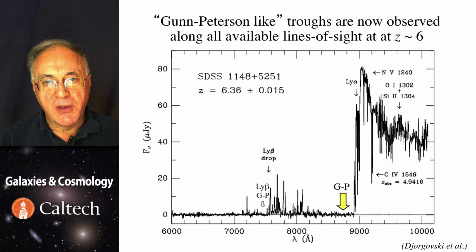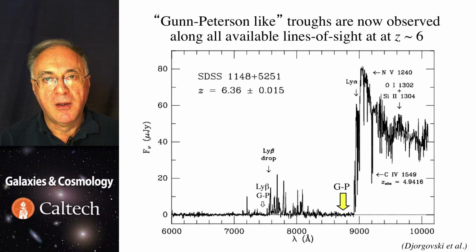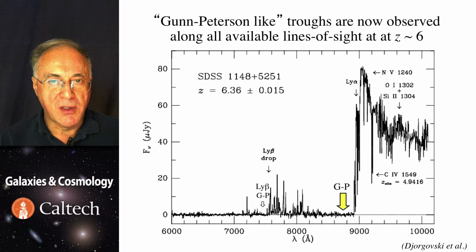The first examples of this were seen circa 2000, 2001 with high redshift quasars discovered by the Sloan Digital Sky Survey. And now there are a number of those, several tens, and around redshift of 6, this effect starts to come in.